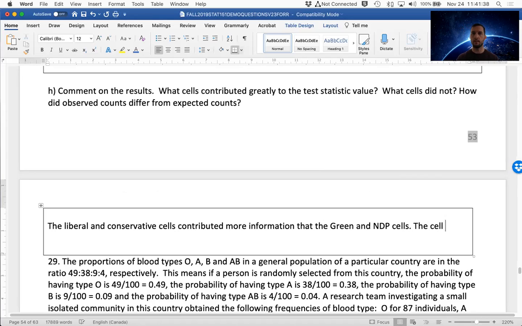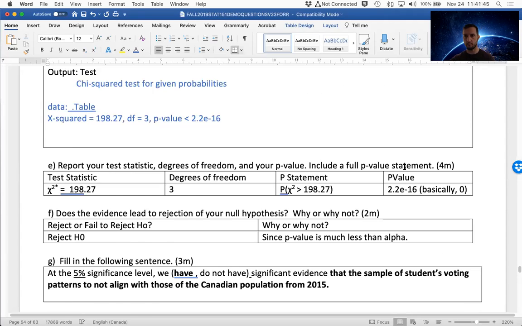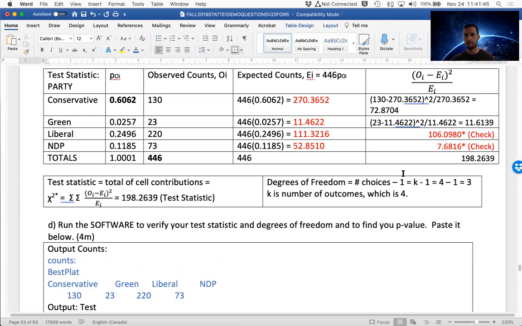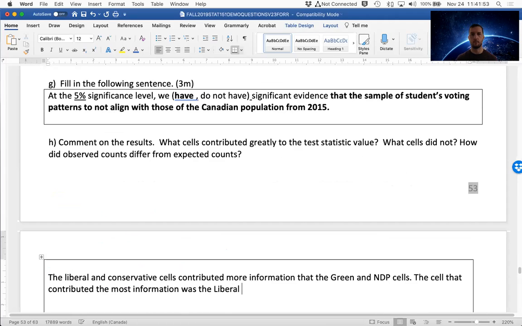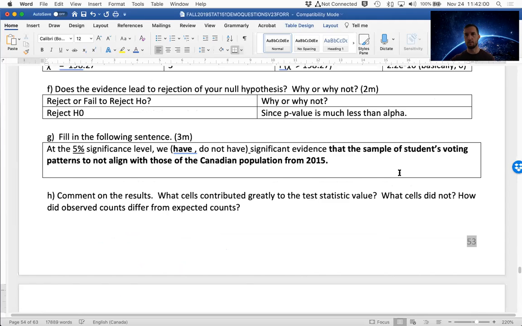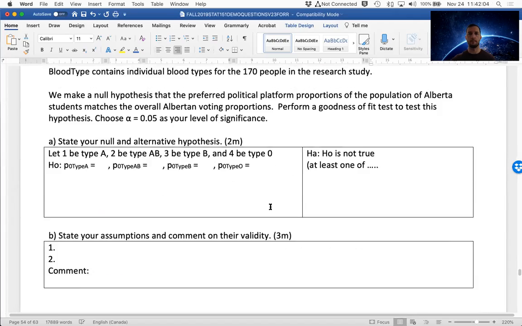The cell that contributed the most information was the liberal cell, and the cell that contributed the least information was the NDP cell.